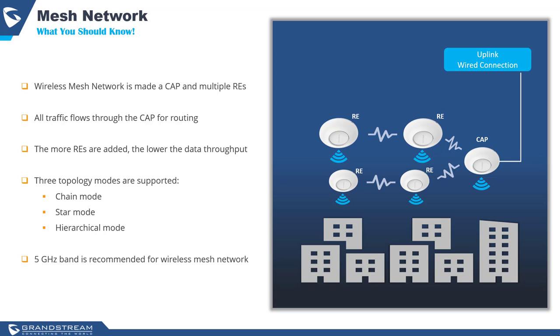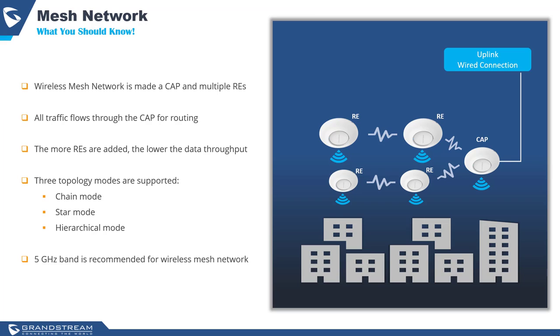Another thing, depending on the location layout, there are 3 topology modes that can be used for a wireless mesh network. There is chain mode, star mode, and hierarchical mode. Chain mode is used in networks requiring long transmission distance to cover more ground where an Ethernet wired connection is not available.